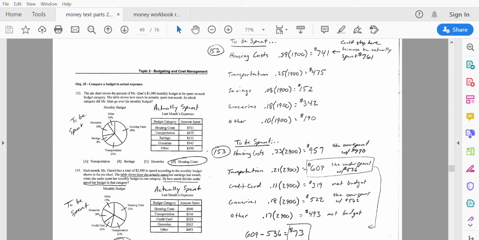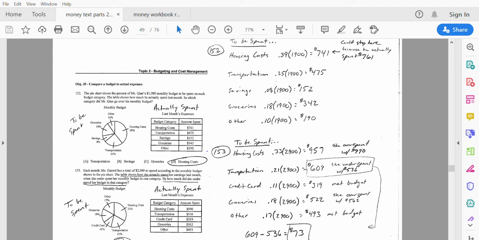153, it's going to be a similar problem. This person has a total of $2,900 to spend, according to the monthly budget shown in the pie chart. The table shows how she actually spent her earnings, so it's the same type as the last problem. The question is, when did she underspend her monthly budget in one category?